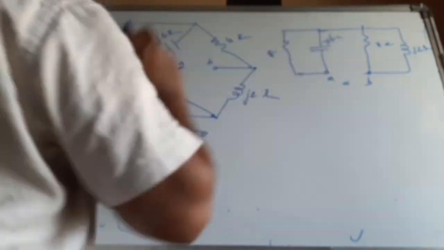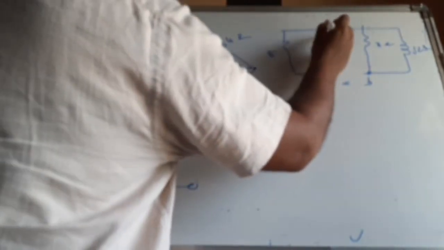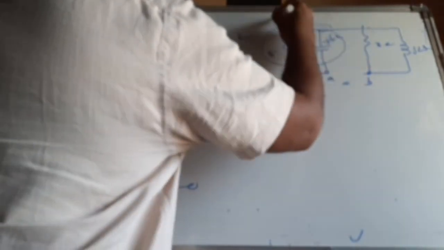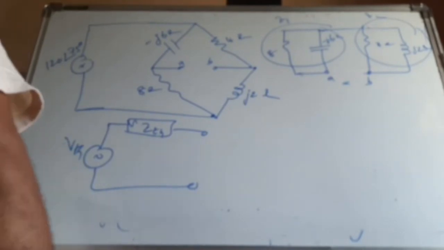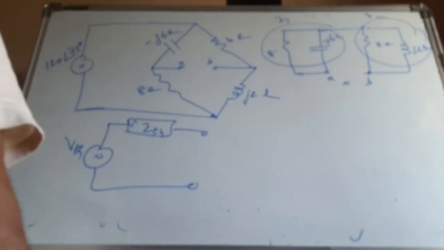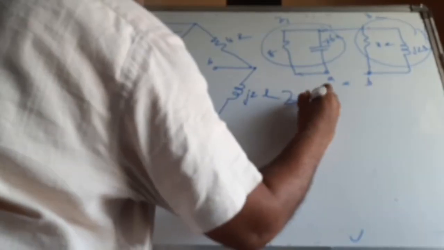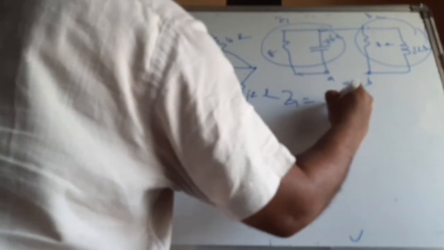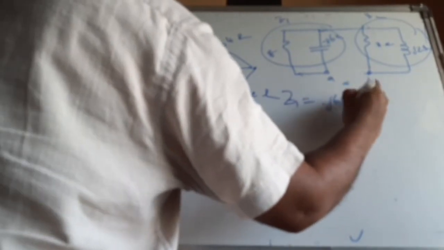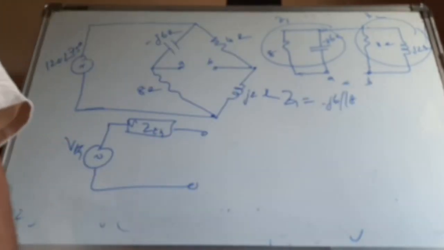These two are in parallel. This parallel combination you take as Z1, and this other combination you take as Z2. Z1 is equal to minus j parallel minus j6 parallel 8.